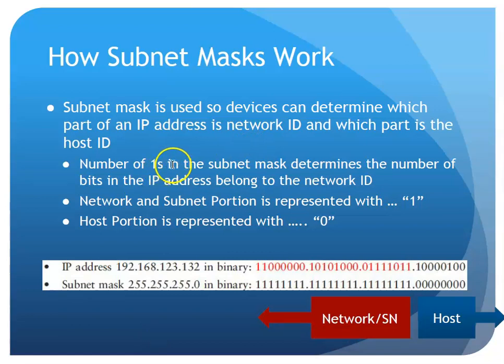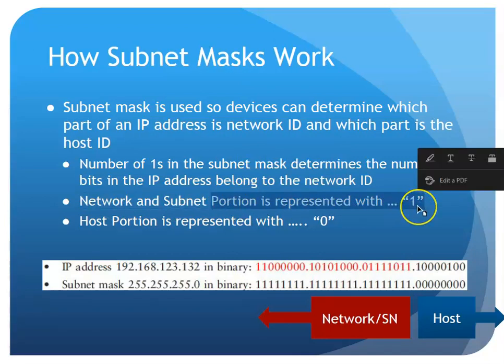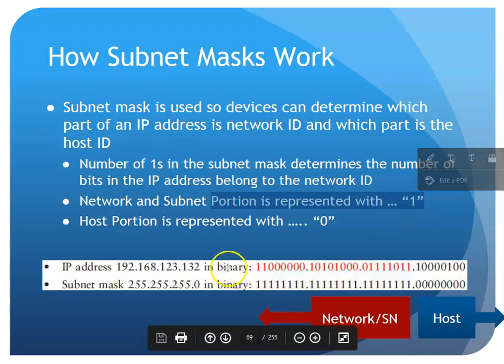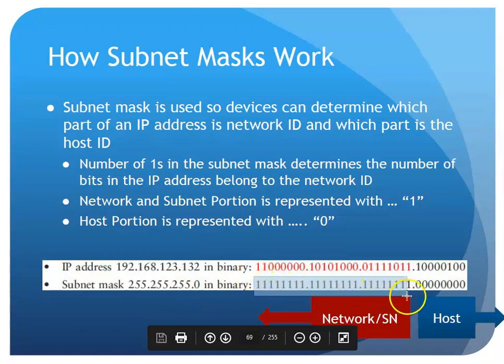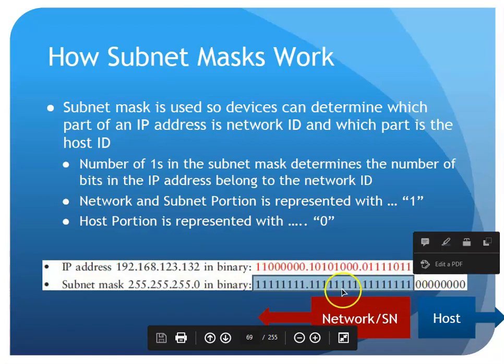The ones in the subnet mask are used to represent the network and the subnet portion. So if I look down here at the subnet mask, and look at that in binary, over here's the binary. All of those are the network and subnet portion. The 255, 255, 255, these are all network and or subnet pieces.